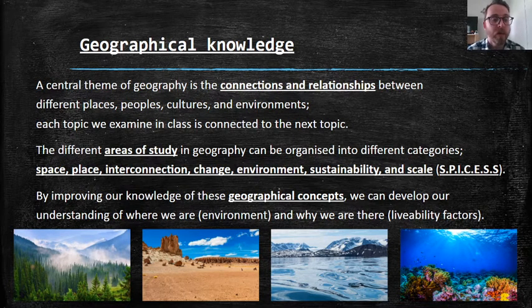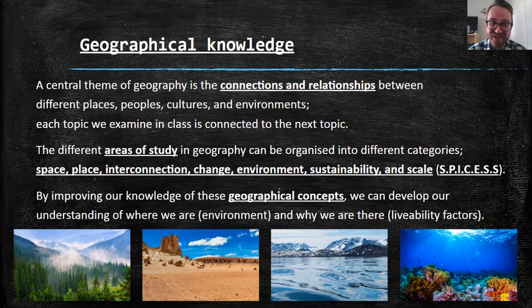The different areas of study in geography can be organized into different categories. To make things nice and easy for you, we can organize everything outside your window, everything in the world in geography, into 7 different categories. And we've got a fun little acronym to help you remember them. So space, place, interconnection, change, environment, sustainability, and scale, or SPICES.